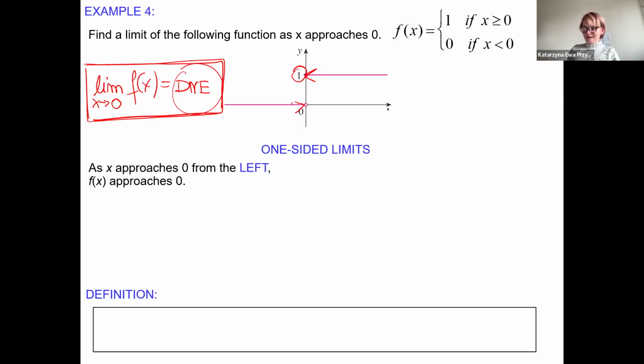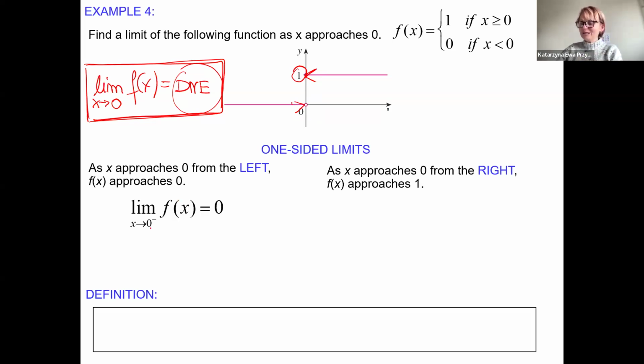And now, left-hand side, right-hand side, and we almost know the notation to indicate that we are only looking at the limit on the left-hand side. We will put a little negative symbol, like a little minus, in the place of the power of 0.